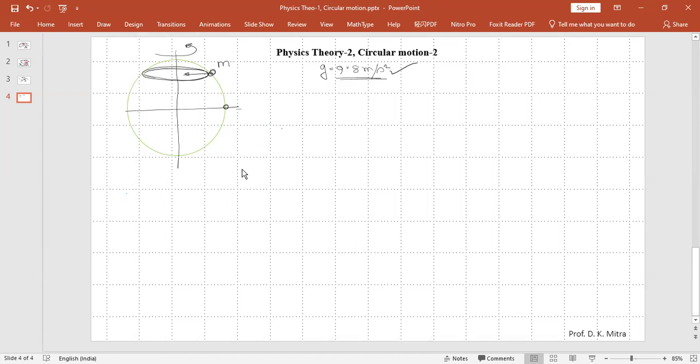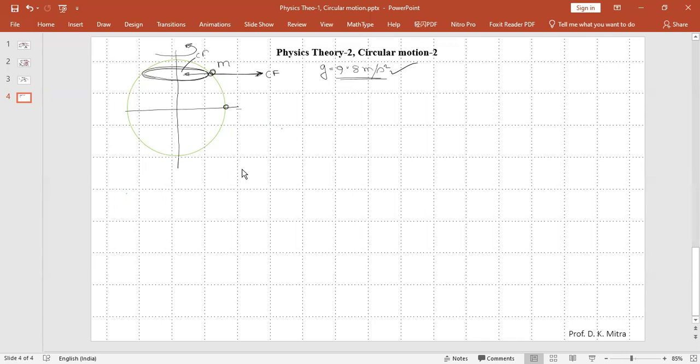This is the centripetal force. Let's say this is centripetal force, Cp, and accordingly, there will be a centrifugal force, Cf. Now, centripetal and centrifugal forces are equal and opposite, but I have drawn it larger just for the sake of drawing, so that the drawing is not very cumbersome.